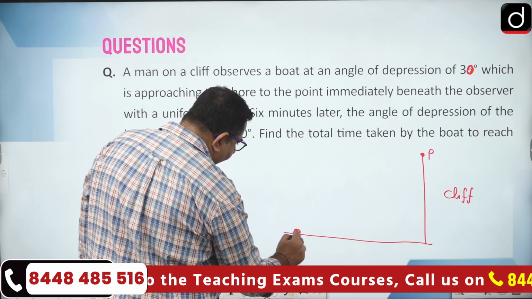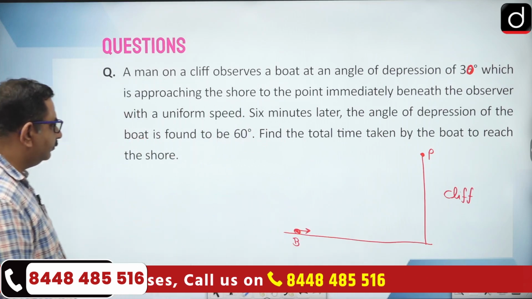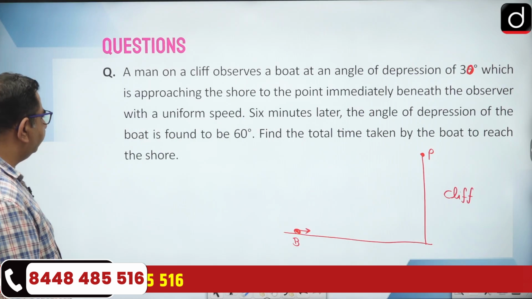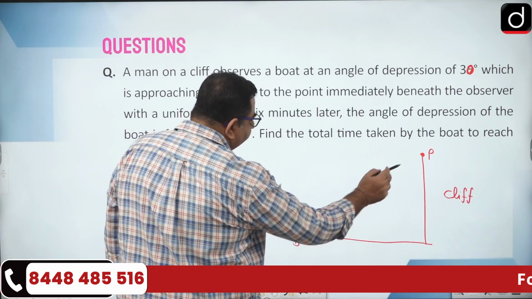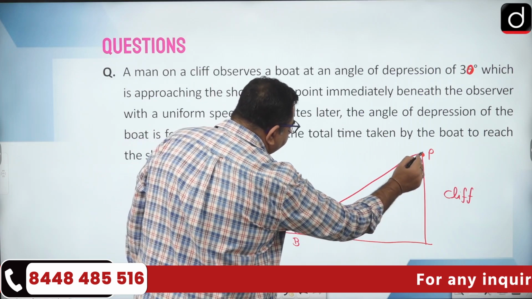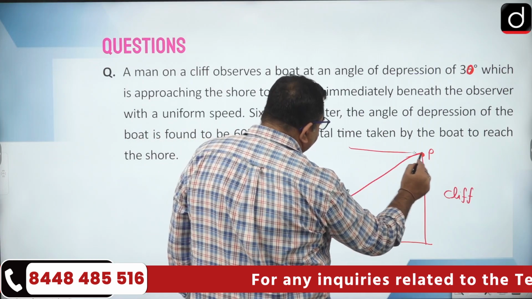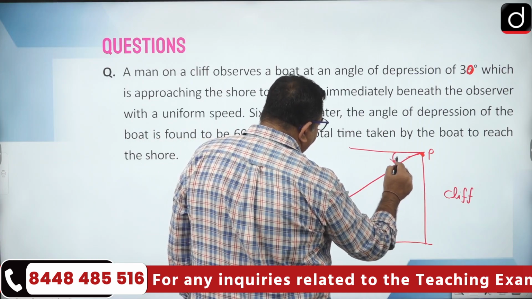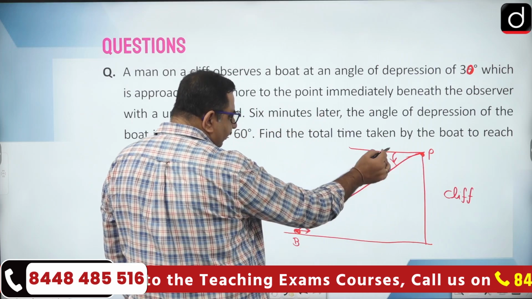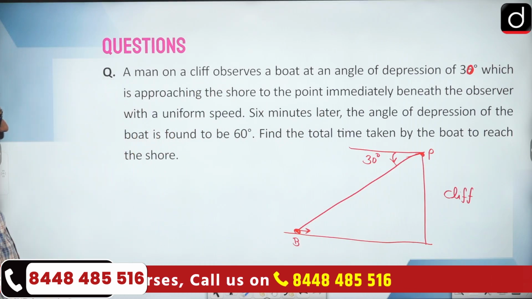There is a boat B which is approaching the shore, right? So at some moment, the angle of depression of this boat is 30 degree, right? So this 30 degree is from the horizontal. This angle of depression is 30 degree because his line of sight is going downwards by 30 degree.